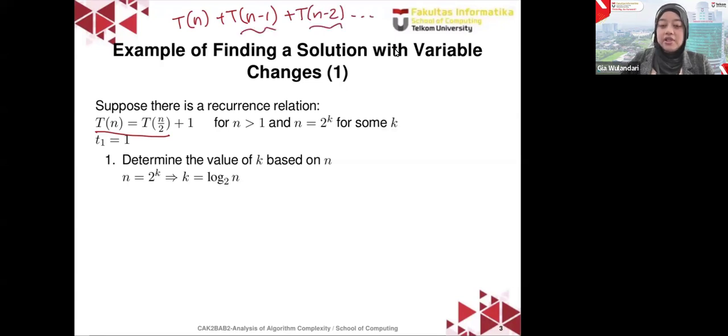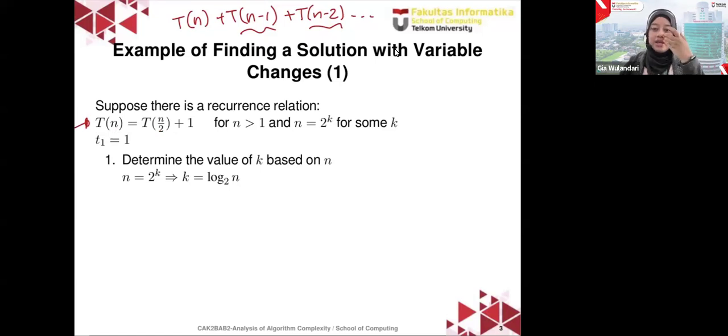So the difference between the index is only minus 1, minus 2, minus 3, or subtraction of some numbers. But we may have this kind of recurrence relation where the index we have is half or a third or fourth or something like that from the previous one. For this kind of recurrence relation, we can use substitution, the first technique we studied. But other than that, we can also use this technique, variable changes.